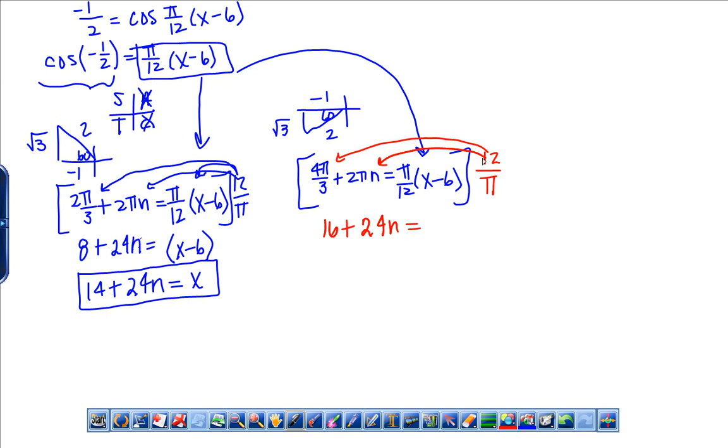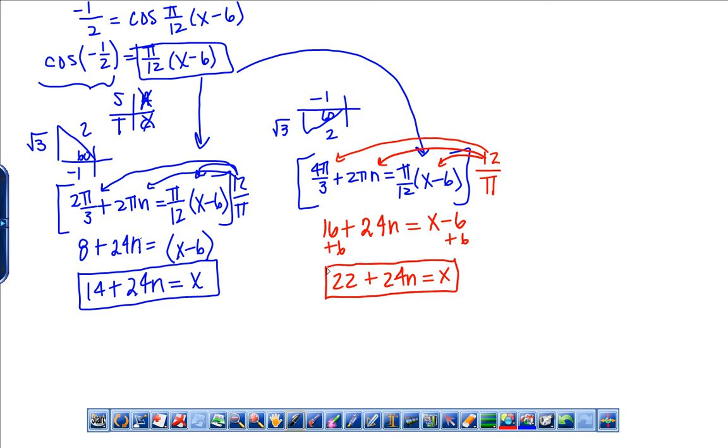If I multiply it times this number, this and this cancel, and I get x minus 6. Now I just need to add 6 to everything. That gives me 22. I can't add it to this because it's an n, so I bring 24n down, and I get equals x.